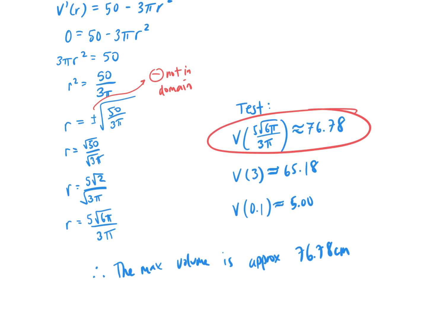I saw the word maximum, so I knew I had to find the critical points to test, and I had to think about what my domain might be for this variable to test those values.